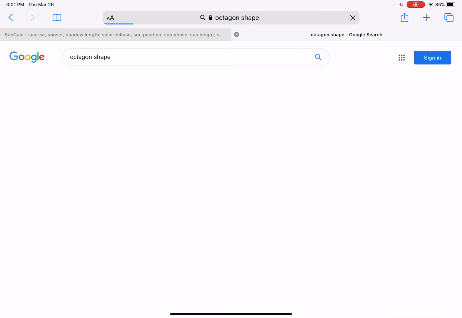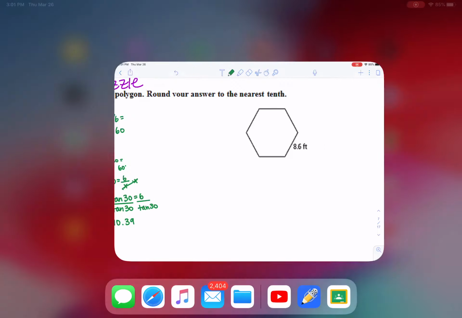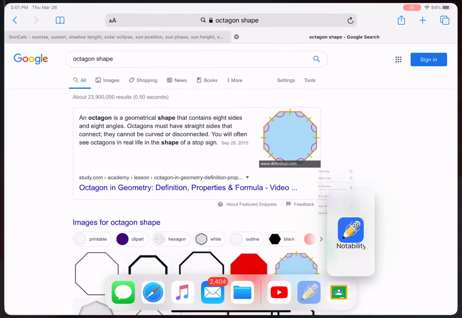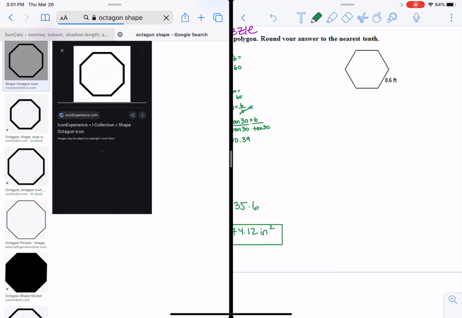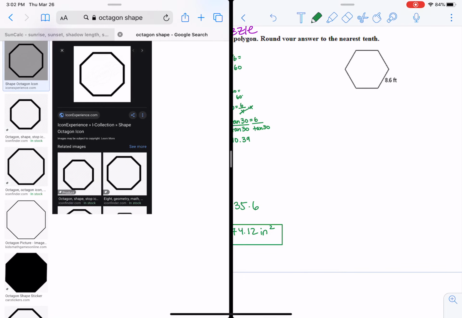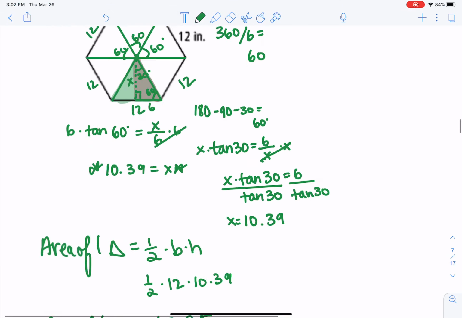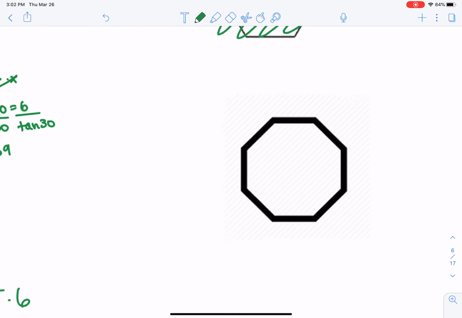Octagon shape. We'll bring this one in. We'll do that instead, just because I want you to see something a little bit different. So cross this guy off. We'll do our own shape instead.